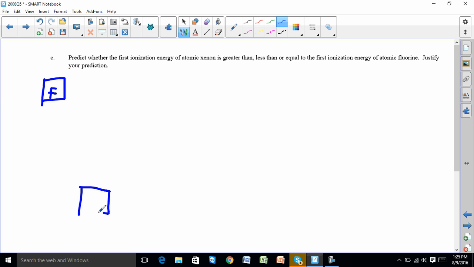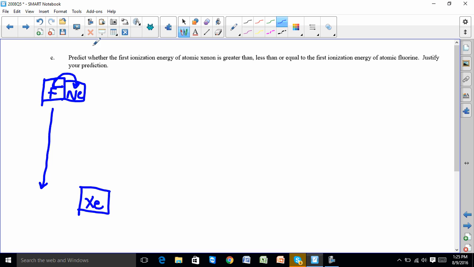Here's xenon, row 5. If it was neon, I'd say neon, but remember I said the shells and shielding electrons, so there's one difference on Zeff. There's 3 shells difference on xenon.